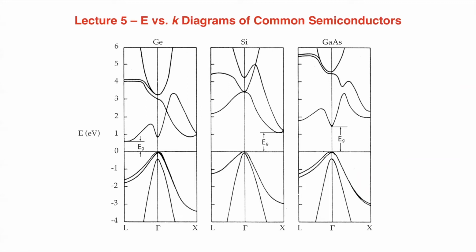First, you see that the y-axis is in energy, in eV. The x-axis shows the L, gamma, and chi points for these three different crystal symmetries. These all have the diamond structure.